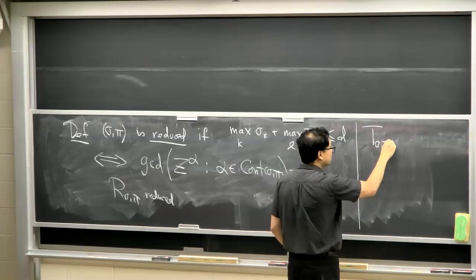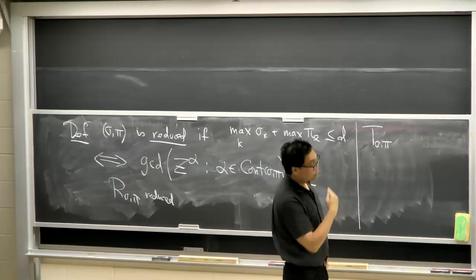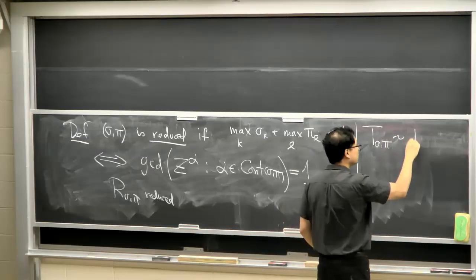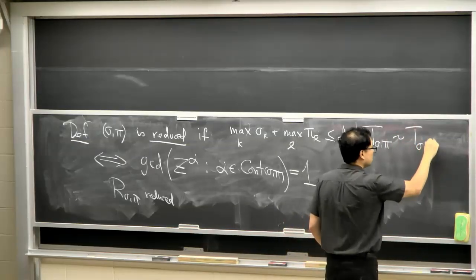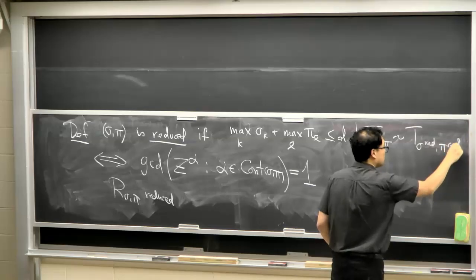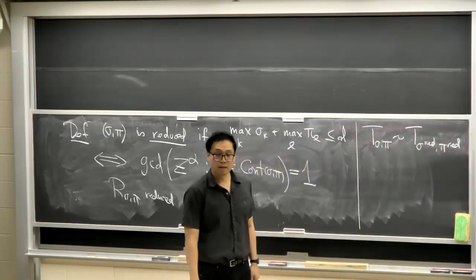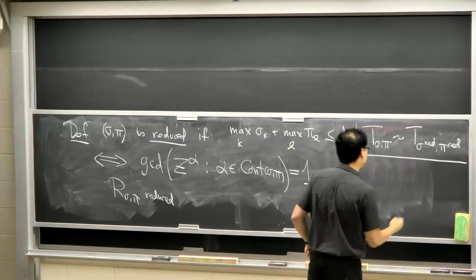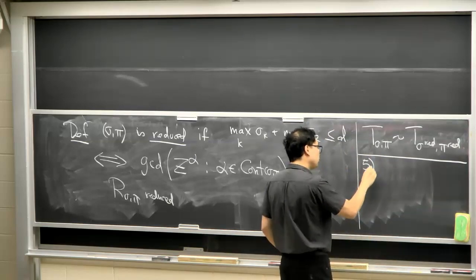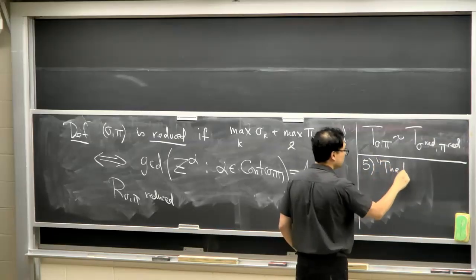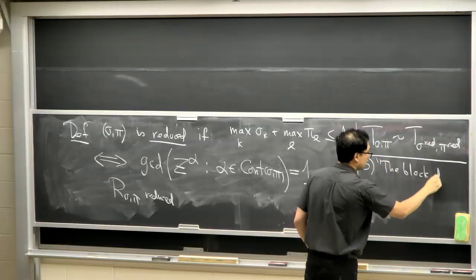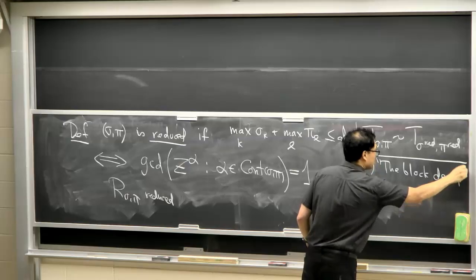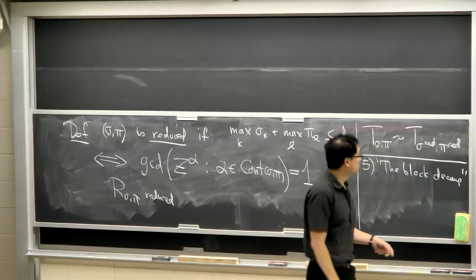If you give me your favorite sigma and pi, I can keep on playing this reduction game until I get to some reduced case. And so now we're going to try to address Martha's question, which is the block decomposition. So is the reduced one always unique?